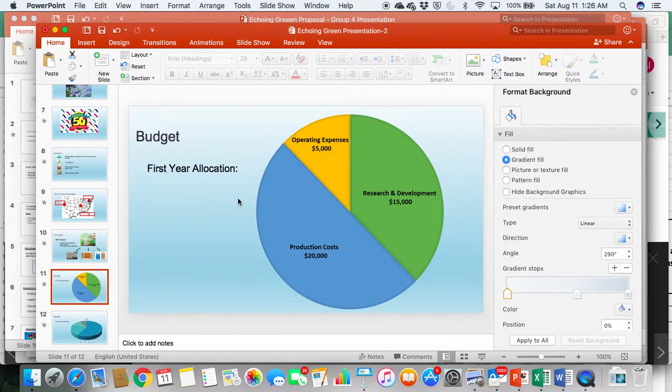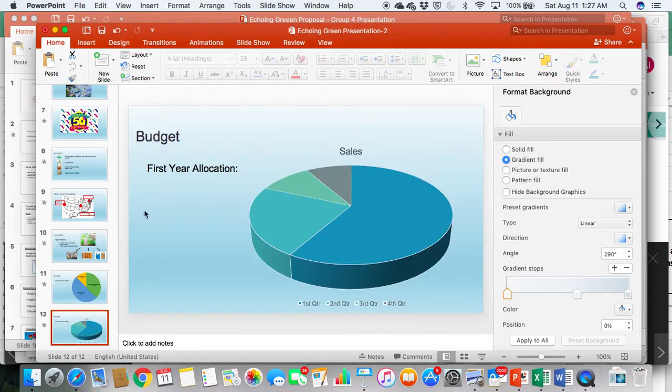This, I think I even wrote in the notes to the group, so I like this. It was nice and large and simple, but it's also kind of above the title. So this is just a suggestion. I didn't completely recreate your pie chart, but I just inserted a basic one. So maybe you could do something like this. Just use a 3D pie chart.